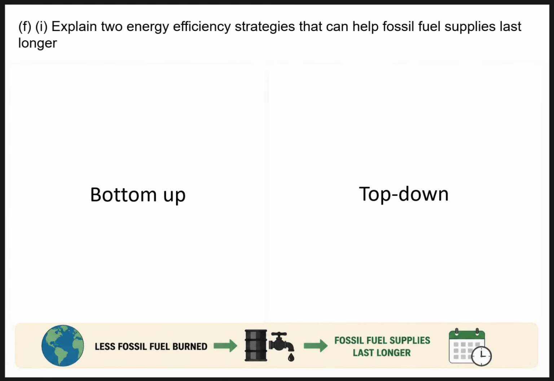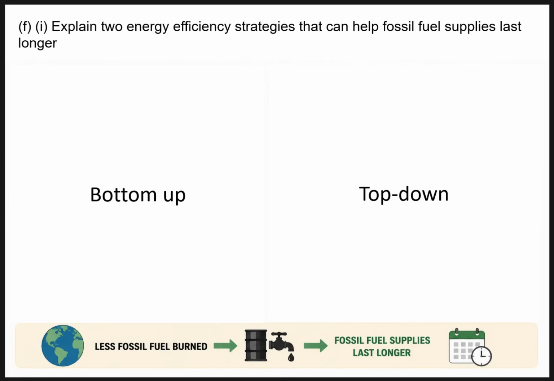Next question. Explain 2 energy efficiency strategies that can help fossil fuel supplies last longer. There's not much evidence in the resource to help you with this one, but you will have done resources probably since year 9. Let's see how we can organise energy efficiency strategies. One way to do this is to think about bottom up and top down approaches. This will be familiar from the work you did in paper 1.